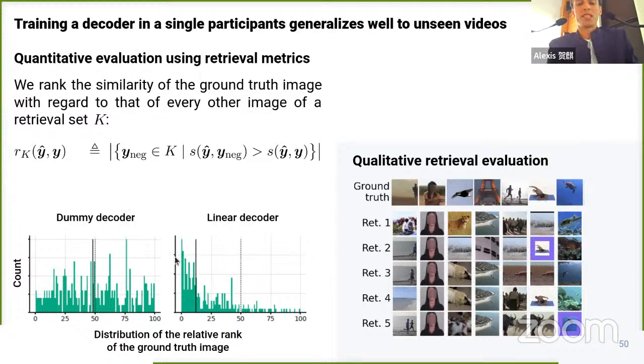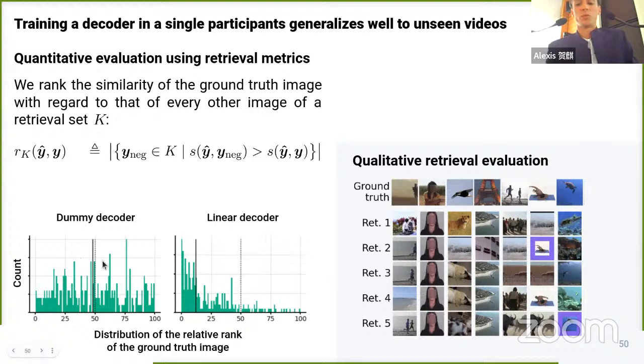I've shown you at the bottom of this slide 2 distributions of the rank of ground truth images when we train a random decoder and a linear decoder. What you can see is that when the decoder is random, the rank of the ground truth is just evenly distributed across all possible ranks. But when the decoder is actually learning something, the ground truth image oftentimes pops in the first retrieved images by the decoder.